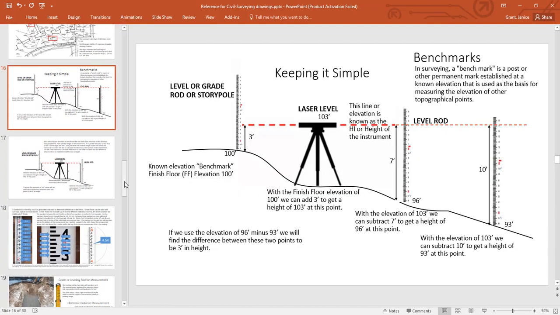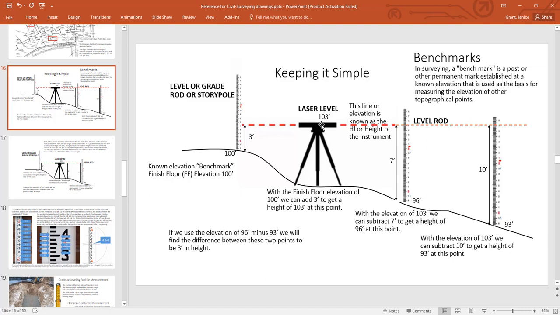When we look at a laser level or a surveying tripod here, and the level rod, it seems like a complex topic, but when you really break it down, we start off with a known elevation like the finished floor. There's 100 feet. Then we measure how high it is from the finished floor to the top of the level.